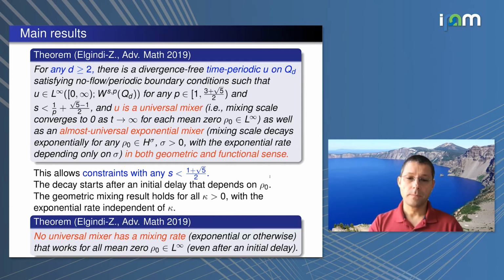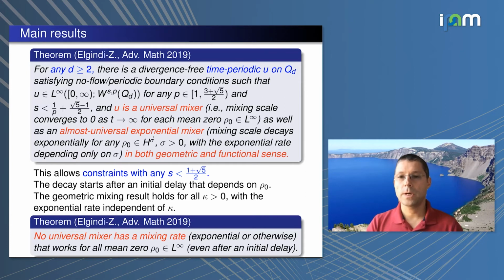Okay, so what do I mean by this universal mixing? For each individual initial datum, we get exponential decay, and the rate again only depends on the regularity of the datum. However, the time when this decay starts will depend on the initial datum.